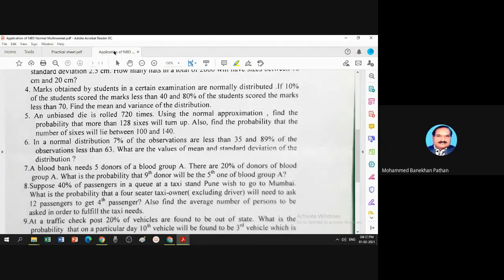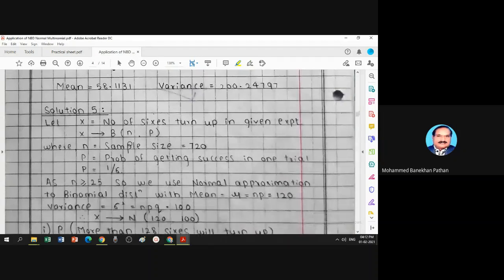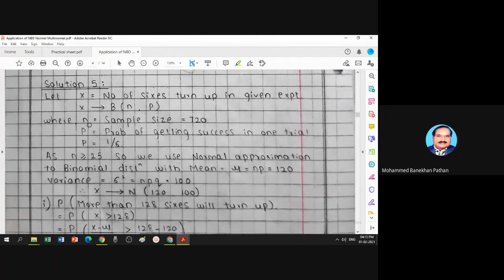See how to solve it. X is the number of sixes turned up in the given experiment. Basically, X is a binomial (n, p). N is the number of trials, here the sample size 720.